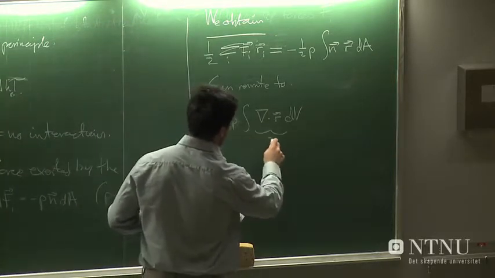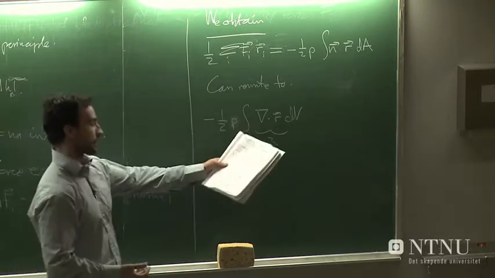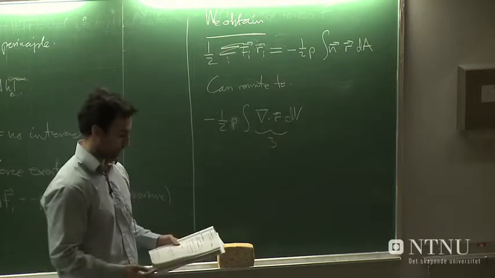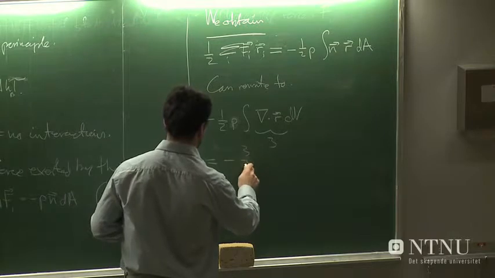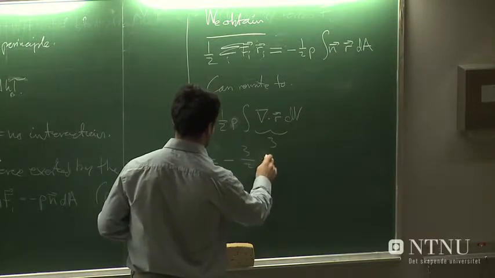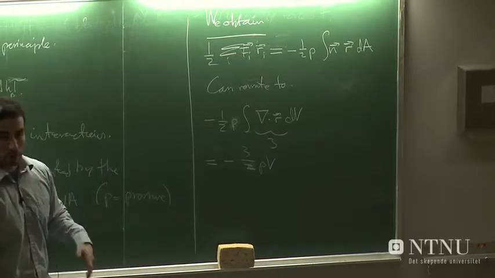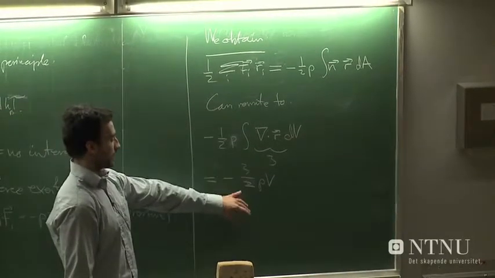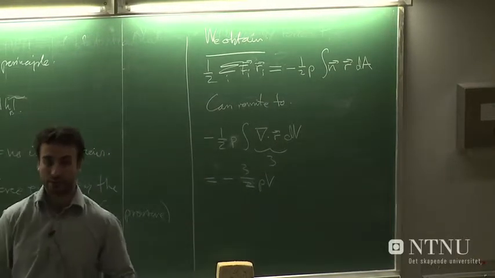Now, this term is just equal to 3. If you act the gradient operator on the position vector, you get 3. And so, altogether, we should have 3/2 minus 3/2 p, and then the integral over dV, which just equals the total volume.